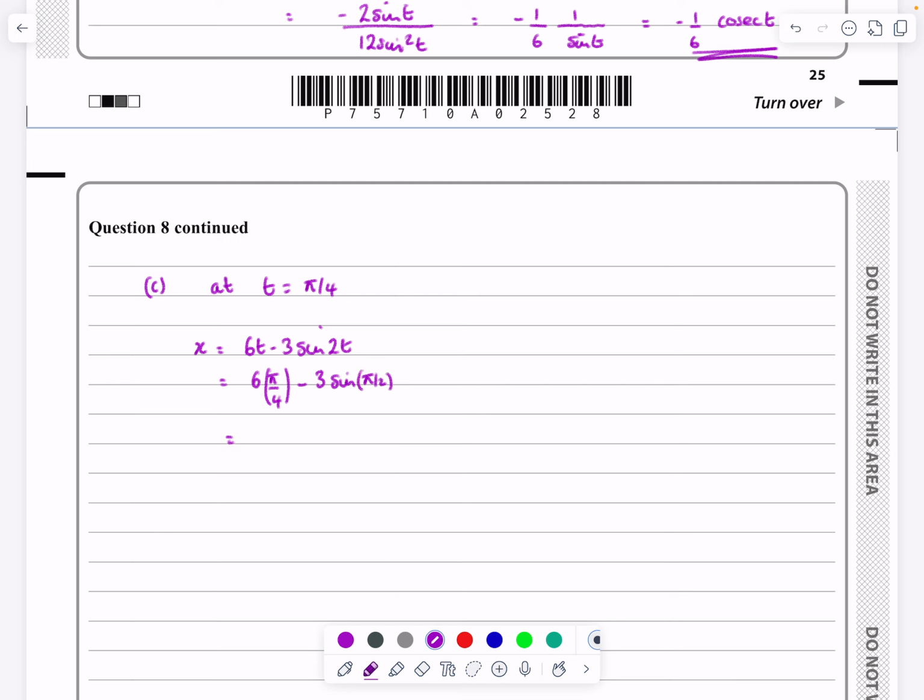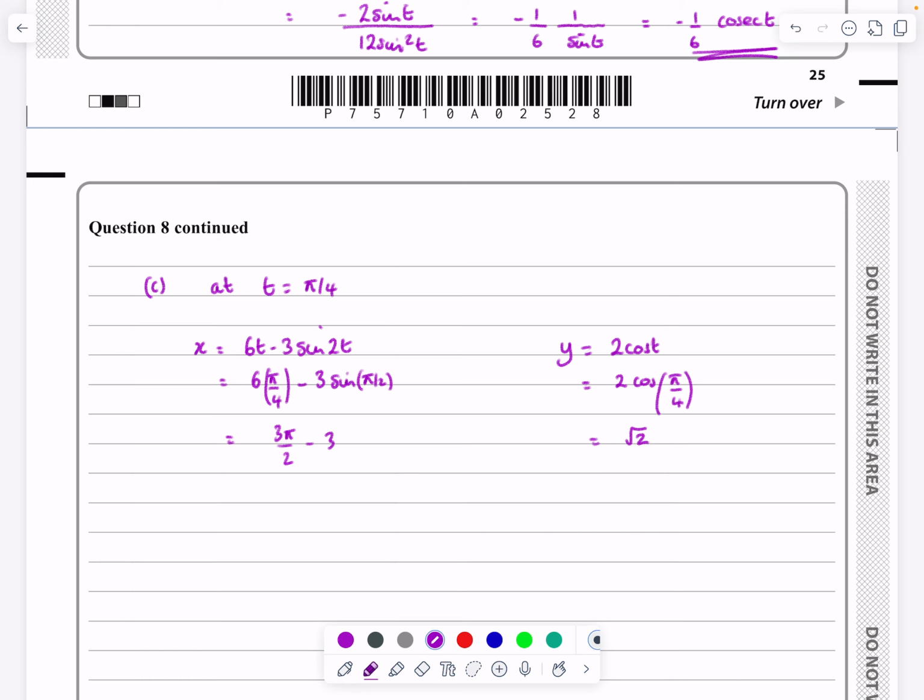So that all tidies up to 3 pi over 2 minus 3. y was just 2 cos t, so that's 2 cos pi over 4, which works out to be root 2.